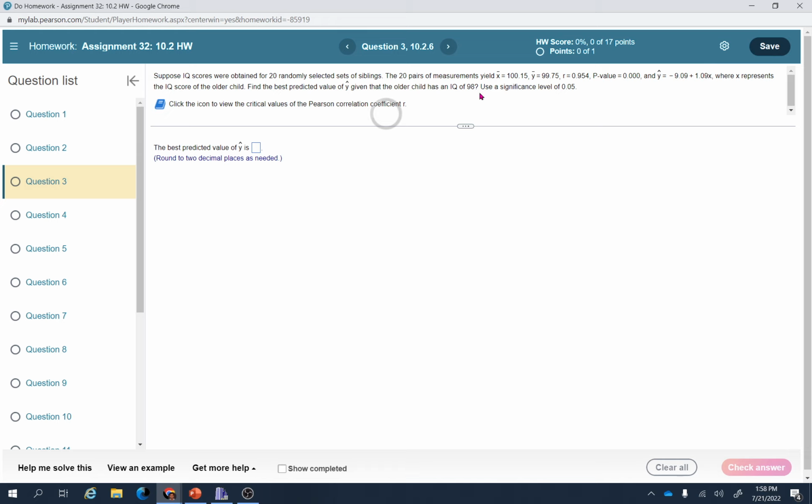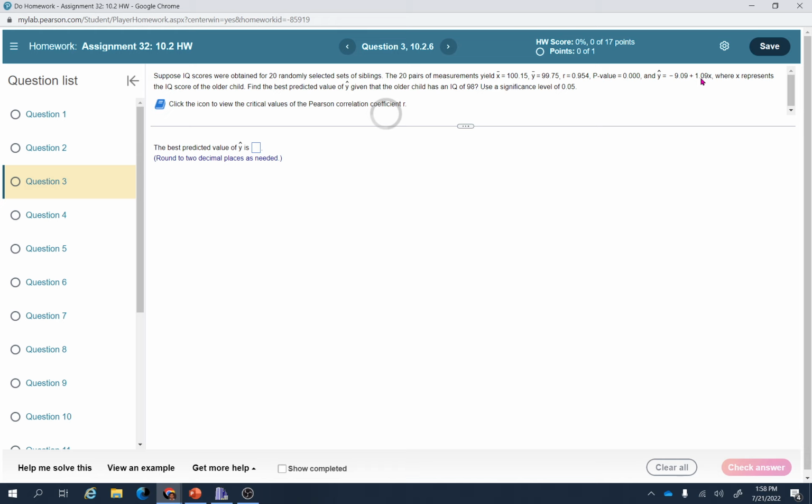Because the critical value is less than the correlation coefficient, we can say there is a strong correlation. The correlation is significant from section 10.1. So we can use this linear relation between X and Y. Now in this problem, you need to find Y cap when X is 98.